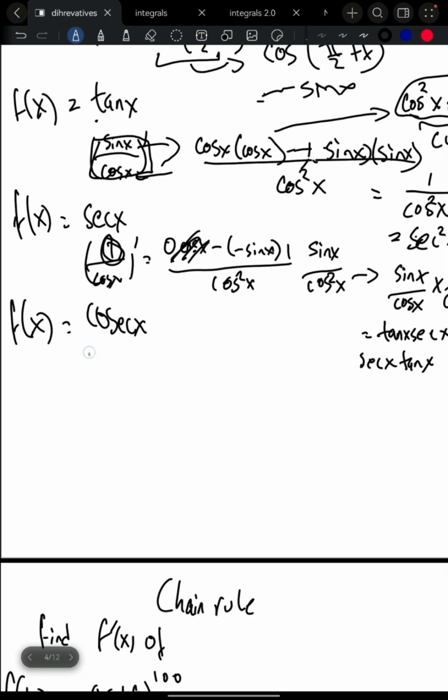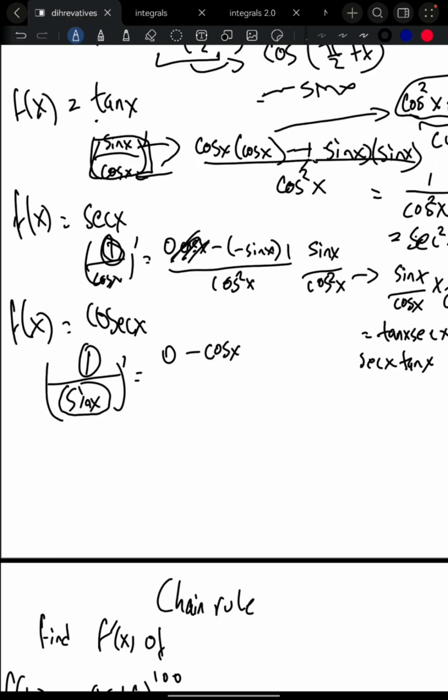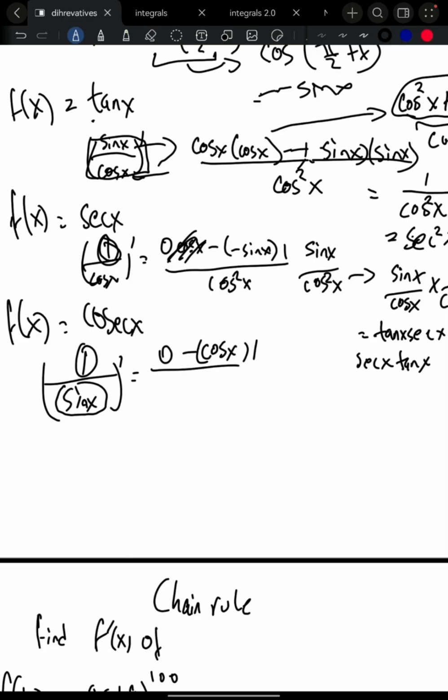For cosecant x, that's just 1 over sine x, right? So you can do the same thing. Derivative of 1 is 0, minus the derivative of sine x, which is cosine x, times 1, divided by sine squared x, because that's the bottom one squared.